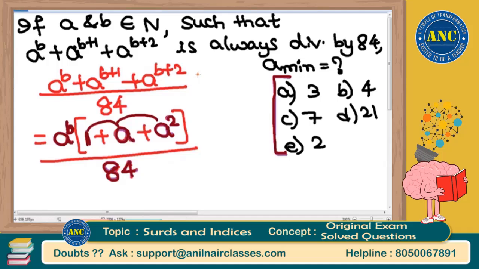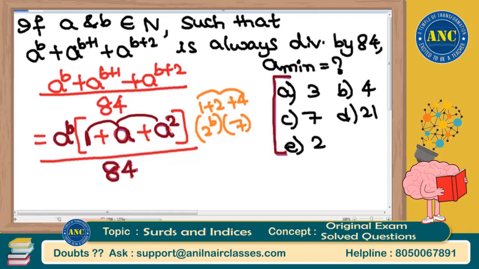So if I put A as 2, this becomes 1 plus 2 is 3, 3 plus 2 square is 4, so 4 plus 2 is 6, 6 plus 1 is 7, the bracket term becomes 7. So here it is 2 power something. Suppose for example I take the B value as 2.